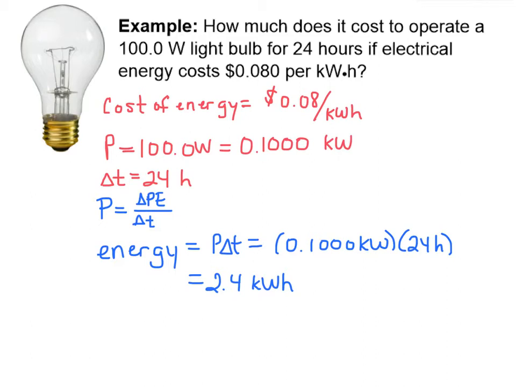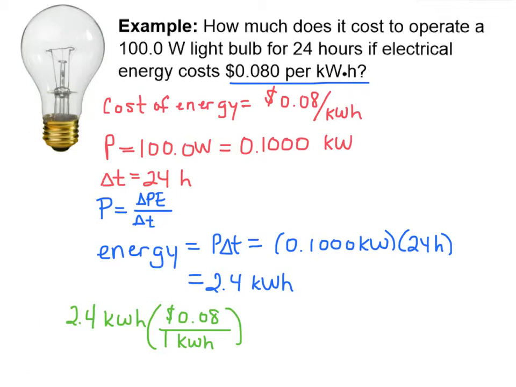So I want my energy measured in kilowatt hours so that now I can calculate how much it costs. Remember, my cost of energy up here is 8 cents per kilowatt hour. So if I'm using 2.4 kilowatt hours of energy, I can multiply that by my conversion factor, the 8 cents per 1 kilowatt hour. My kilowatt hours cancel out, and I get a cost of a whopping 19 cents.